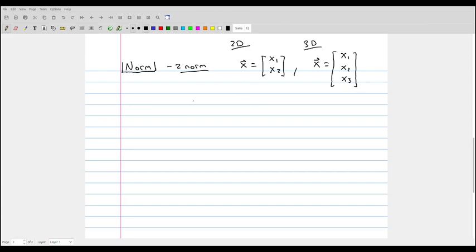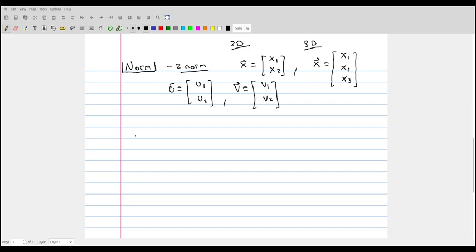And you'll remember that the distance between 2 points, let's say a point u, I'll just do it in 2D, u is u1, u2, and v is v1, v2. We can use the norm to define the distance between these 2 points.